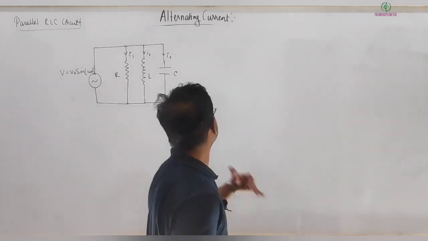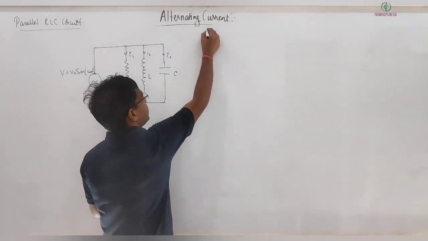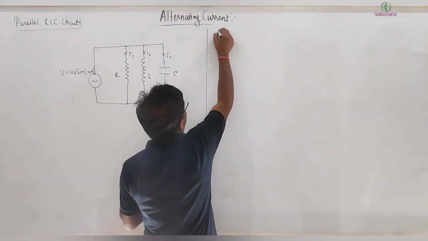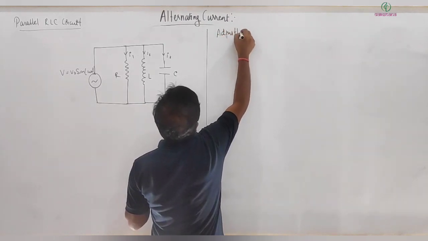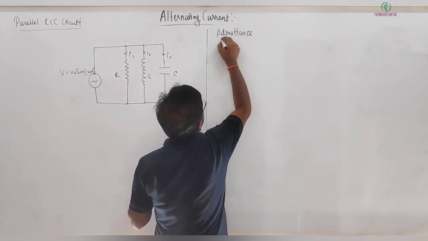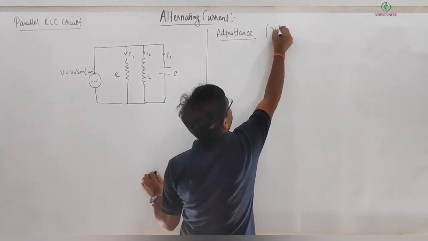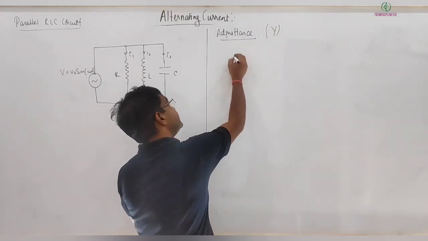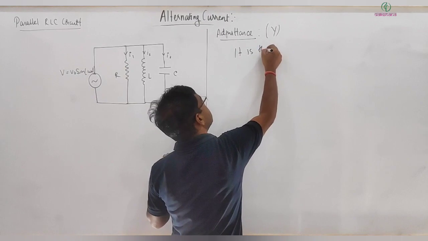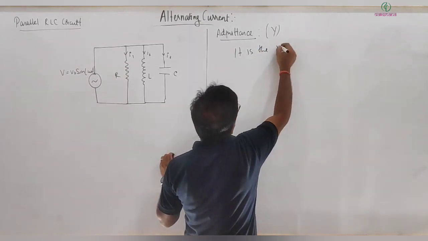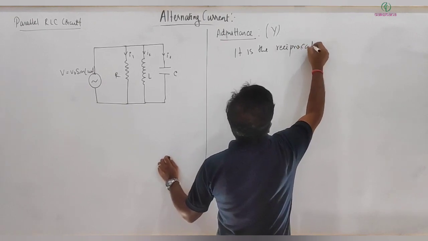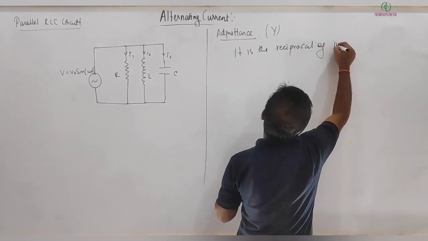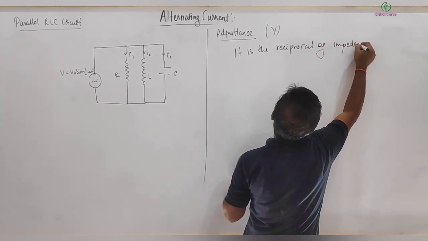So let me just explain, and before that I'm defining two more things. One is called admittance. What is admittance? It is denoted by letter Y. It is the reciprocal of impedance.